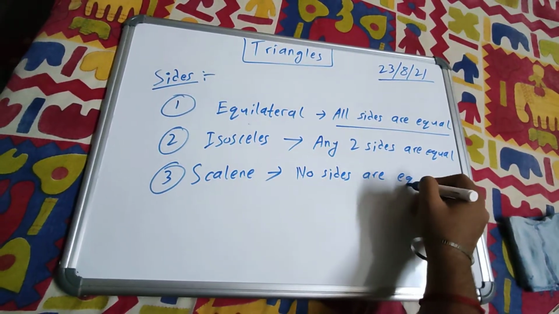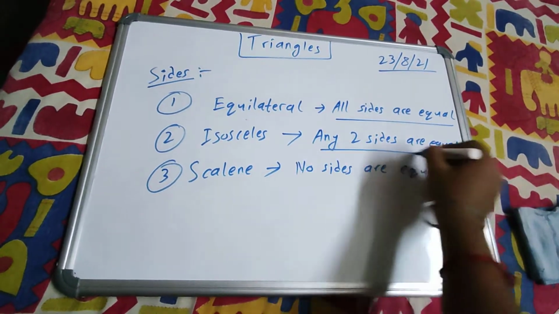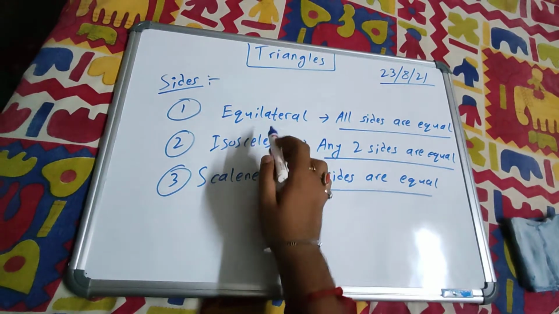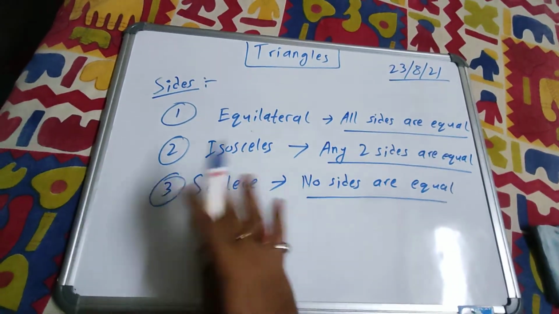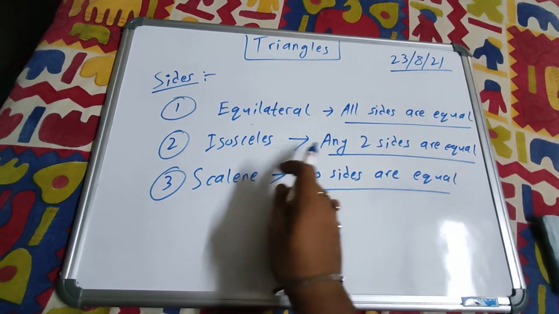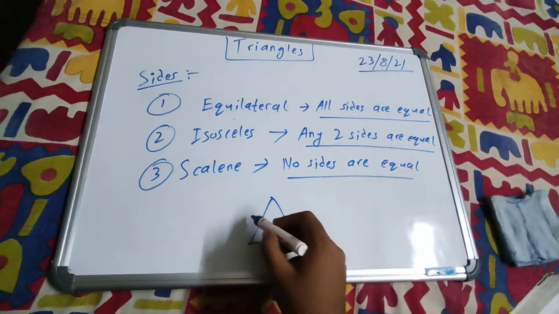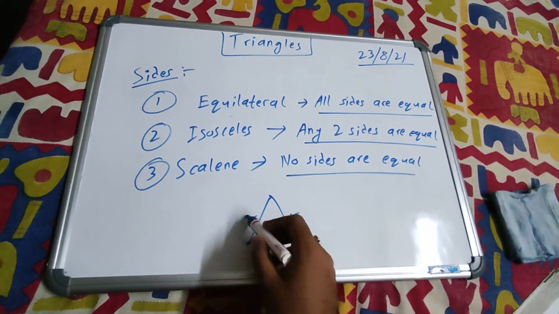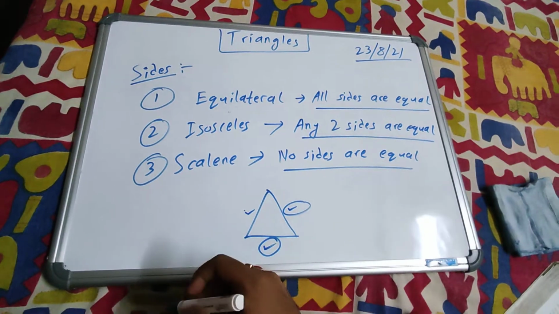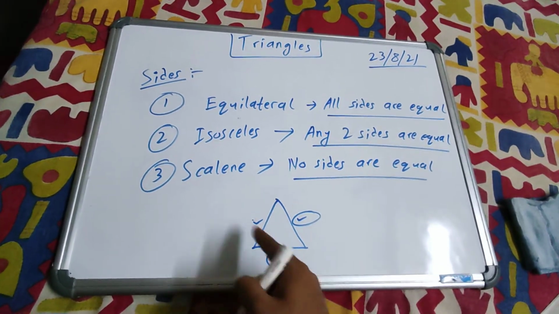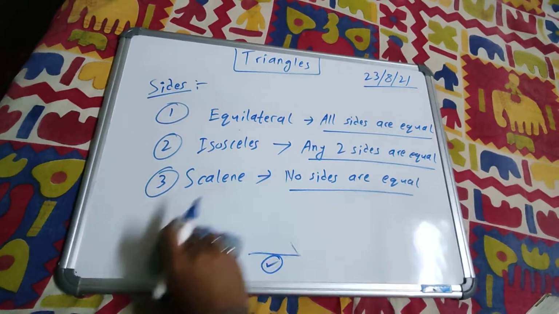No sides are equal. I think it is clear to you that in an equilateral triangle, the three sides are totally the same. The lengths of all the three sides are the same. In isosceles, any two sides. Any two sides means, suppose this is a triangle, so either this side or this side, or this side or this side, any two sides can be the same in isosceles.